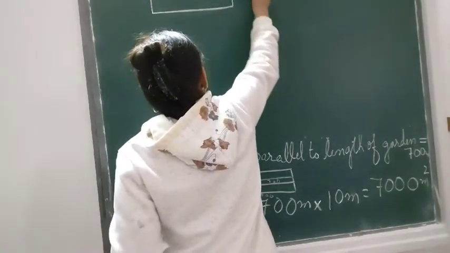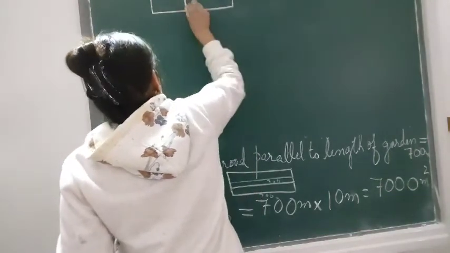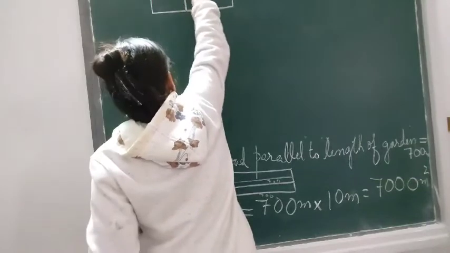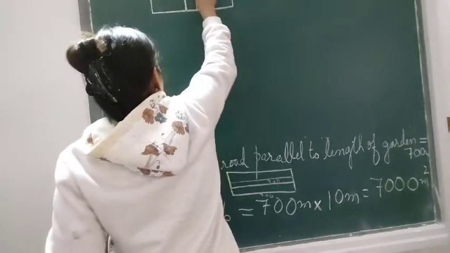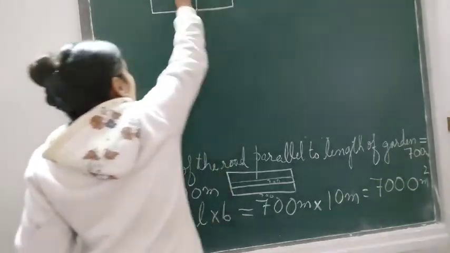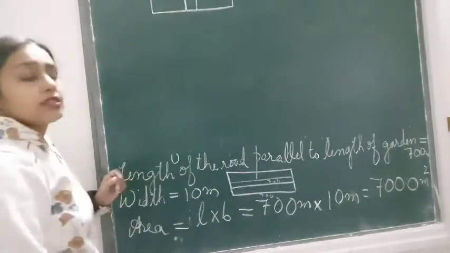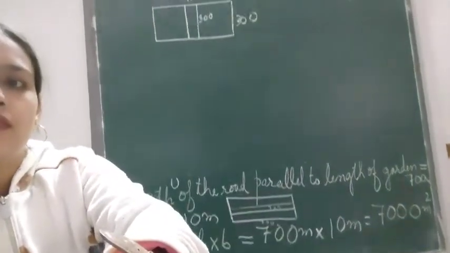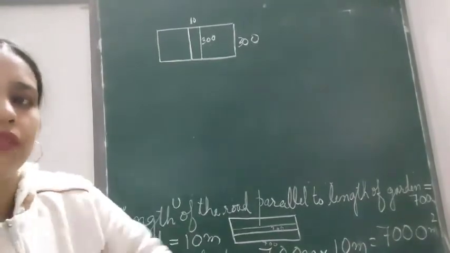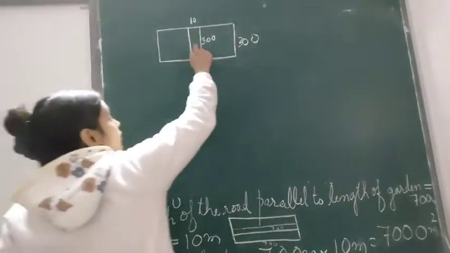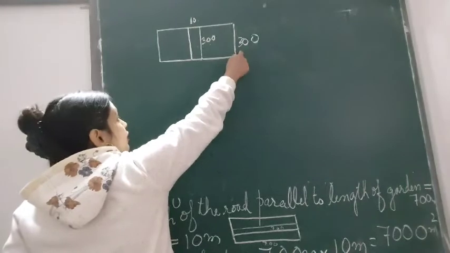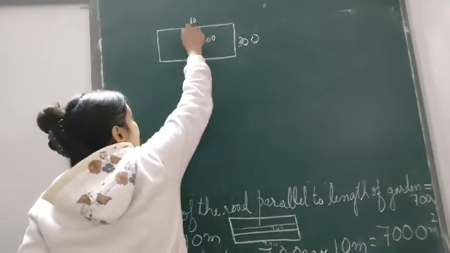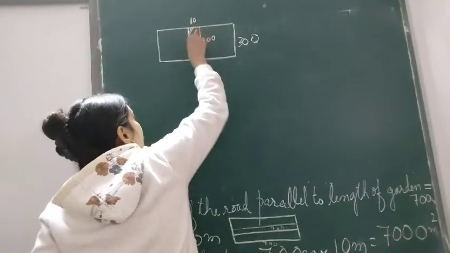This is 300 and now we have to find this. This is 10. So this is 300, so this is also 300. So now we have to find the area of this road, that is this rectangle. Children, I was talking about this. This side is parallel to this side, so this is 300, so this is also 300 and this is 10, so we have to find the area of this rectangle now.